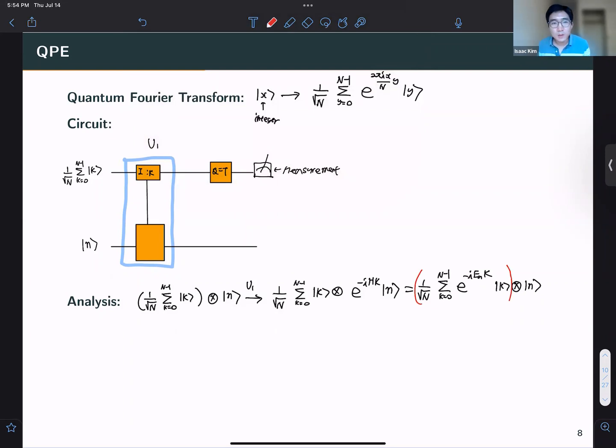You can think of it this way. The next step is that we apply the quantum Fourier transform.